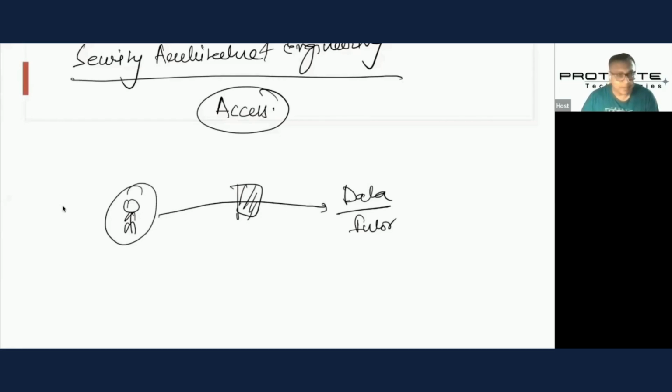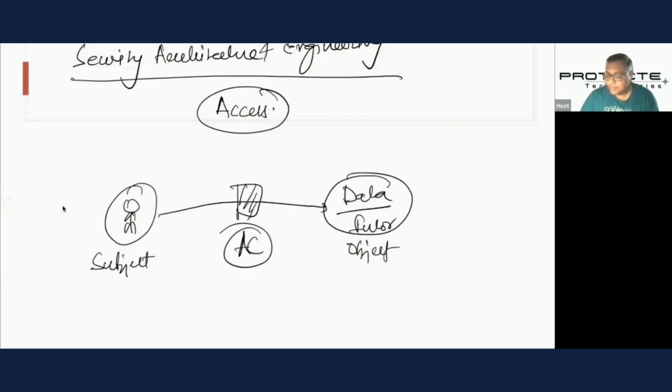Somewhere this concept is called a subject and object model.